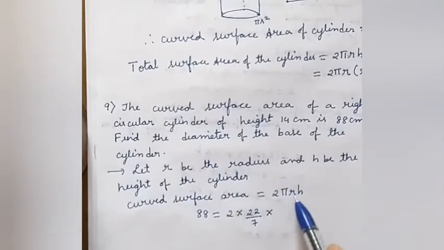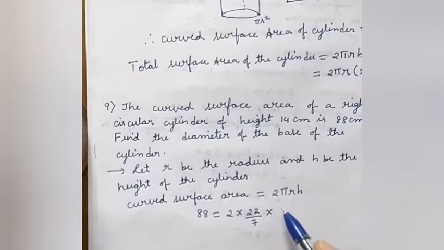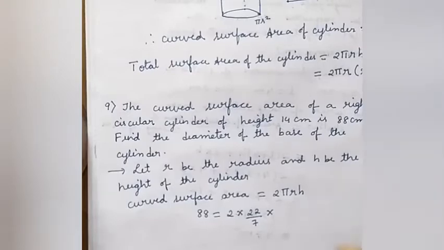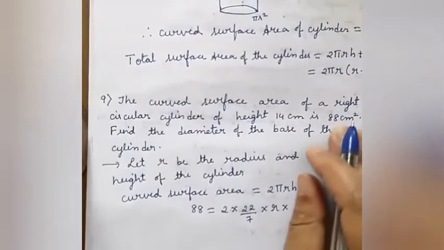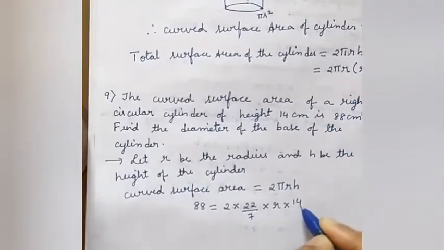If we know the radius, we can easily find the diameter, because we know that diameter is equal to 2 times radius. So r we don't know. h is given in the question, which is equal to 14.